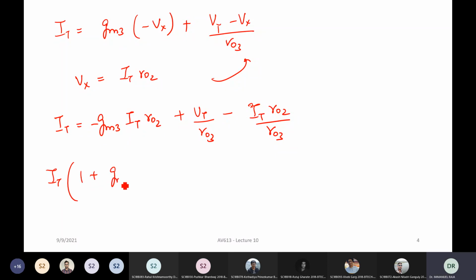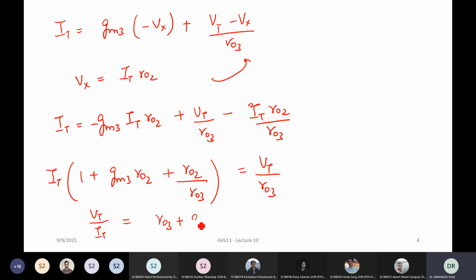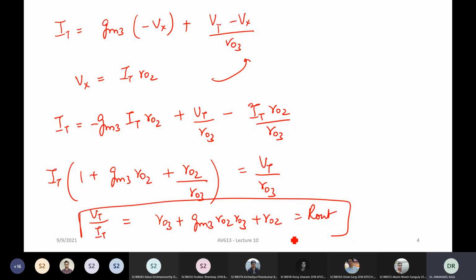So you get IT times 1 plus GM3 R02 plus R02 by R03 is equal to VT by R03. Right? Now, what we are interested in is basically the VT by IT ratio, which can be given as: R03 multiplies here, so you get R03 plus GM3 R02 R03 plus R02. Now, this is your output impedance.